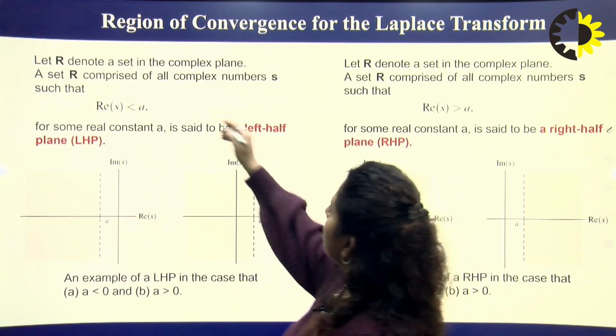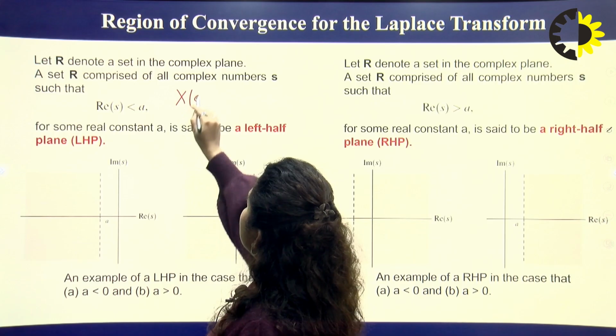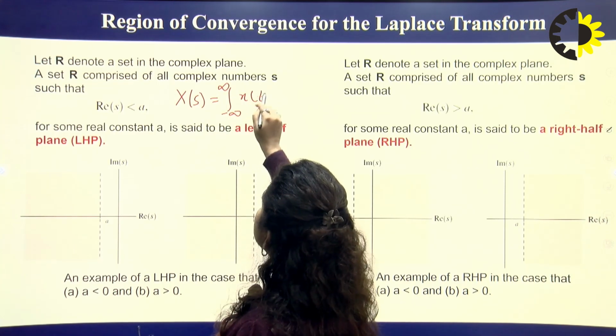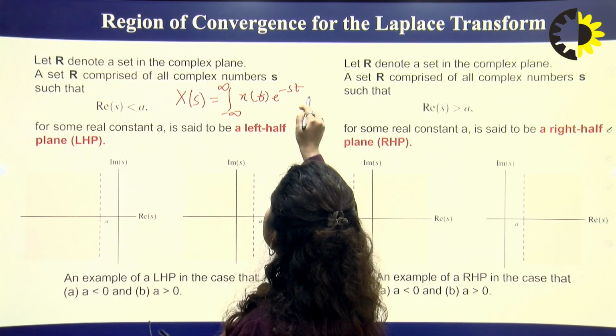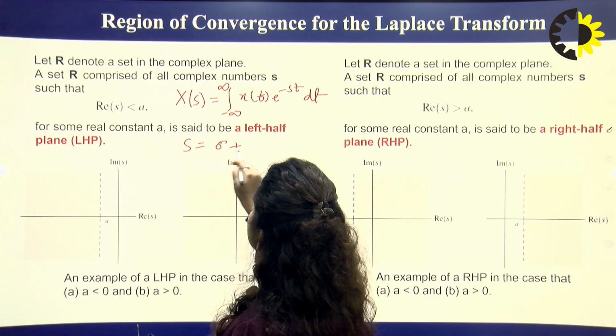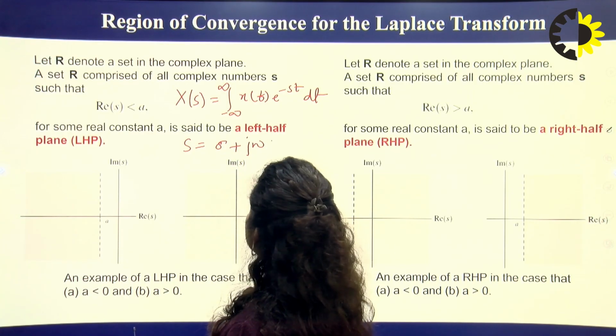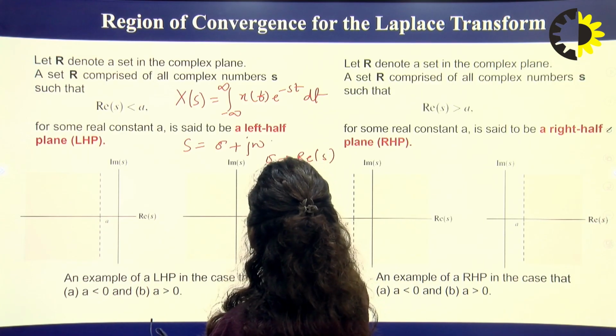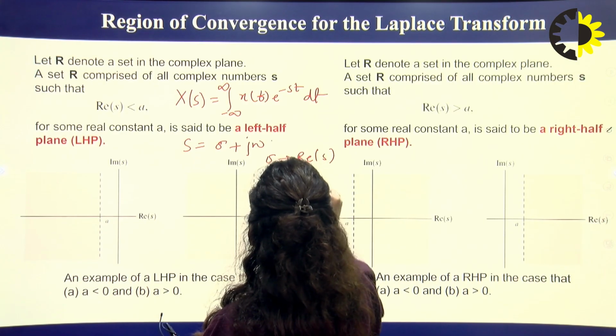Why is it so? Because in the last lecture we had X(s) equal to the integral from minus infinity to infinity of x(t) e to the power minus st dt. This small s comprises sigma plus j omega. Here sigma is the real part of s and j omega is the imaginary part of s.